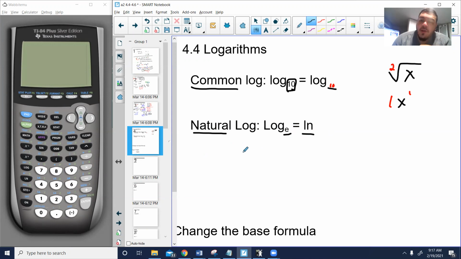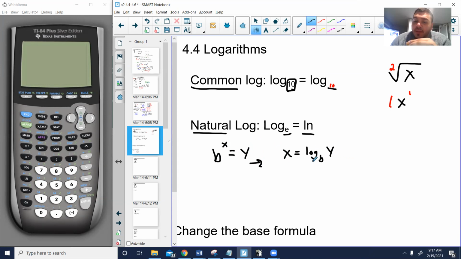Now, just in case you forgot what logs are, let me write this little factoid for you. The base to some exponent gives you the result is the same as that exponent equaling the log of said base to that result.